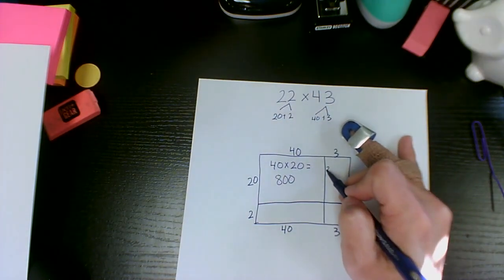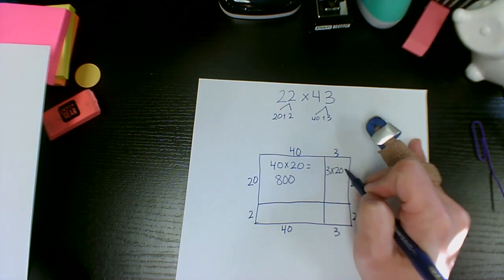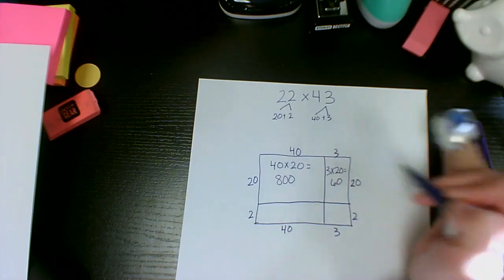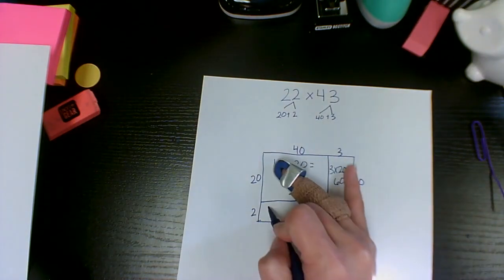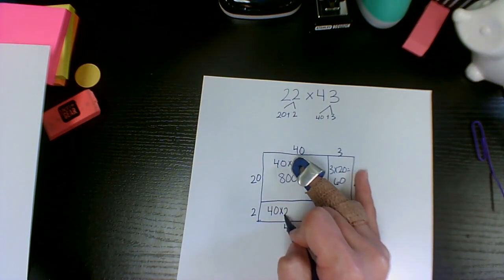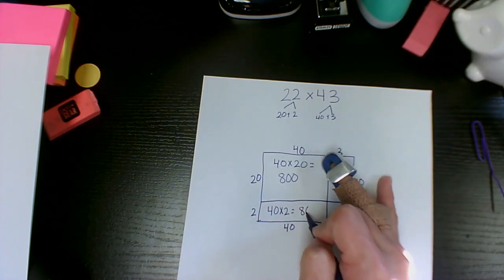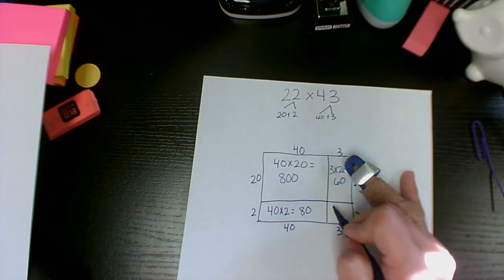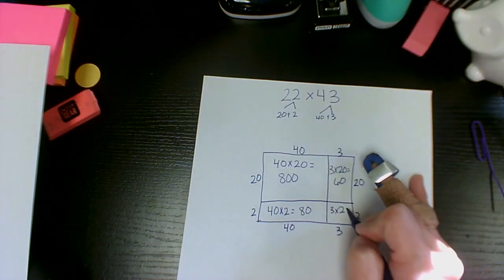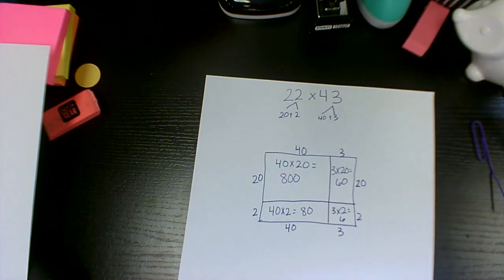Then I know that 3 times 20 equals 60. And this is 40 times 2. And that equals 80. And this smallest box is 3 times 2, and that equals 6.